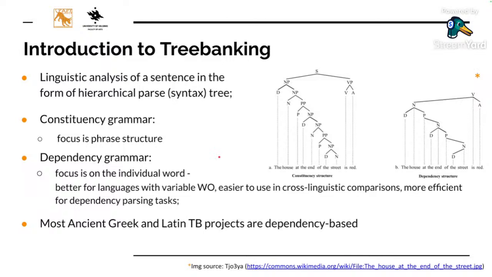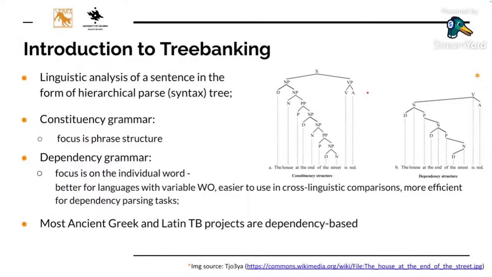And we also have the dependency grammar, where the focus is rather on the individual word and how it functions within the sentence and not within a phrase. And as you see here, a dependency tree is one with much fewer branches than the one that is made within the constituency grammar formalism.